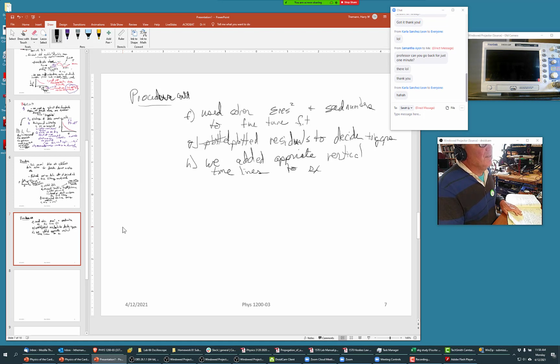Oh, and it's Phys and vertical and horizontal lines to extract or to show, extract slash show the BPs, the BP and heart rate.